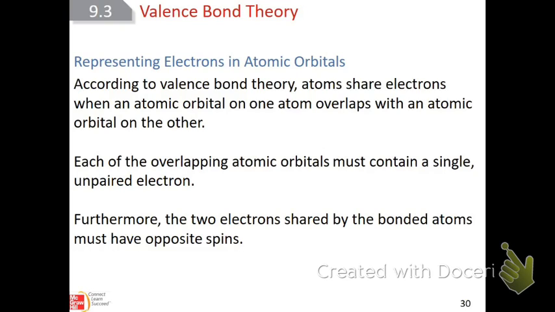When you have one electron from one atom sharing with an electron from another atom and they overlap, that's the valence bond theory. Each of those overlapping orbitals has one unshared electron in it, and they're spinning in opposite directions. Please keep that in mind. That's the valence bond theory.